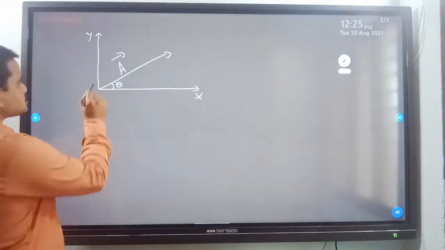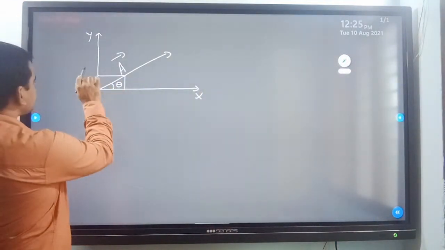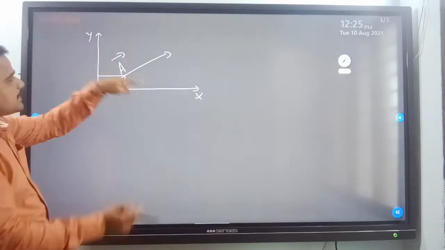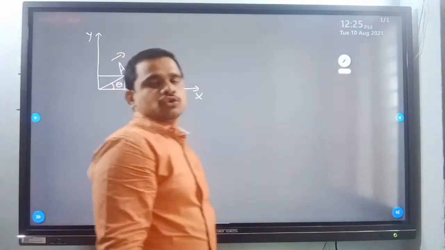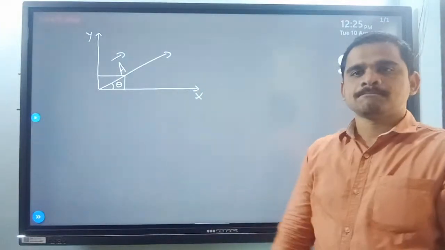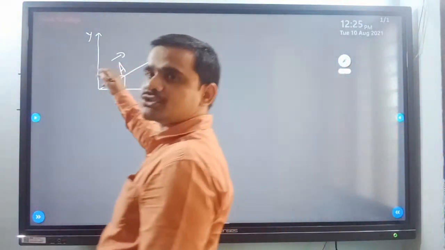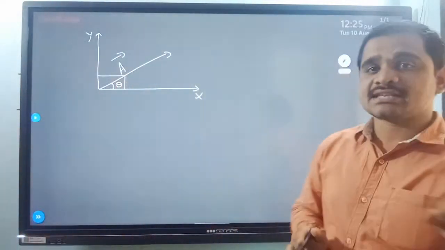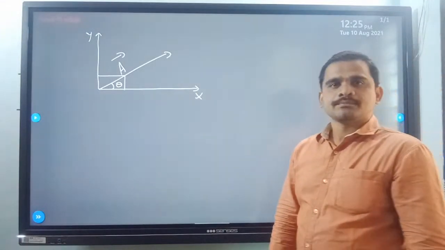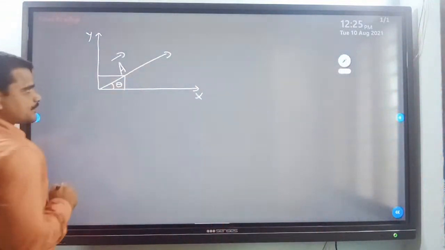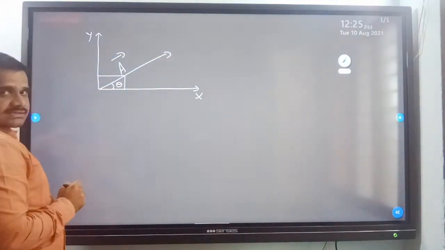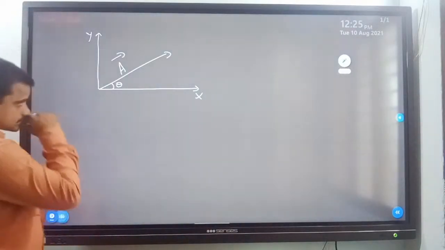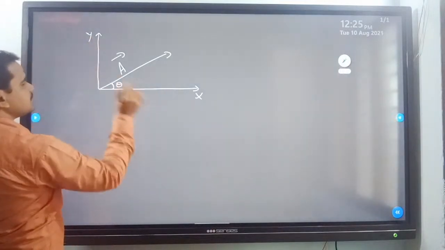If you observe, these two are perpendicular, compulsorily perpendicular. 100% these two, x and y, must be perpendicular. Listen carefully. This is A. Now I am dividing this A into two components.